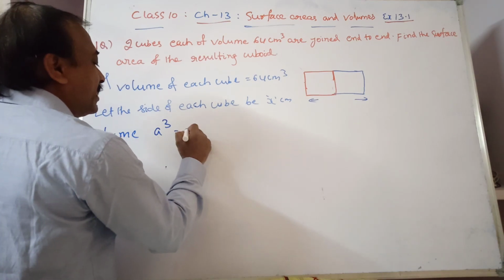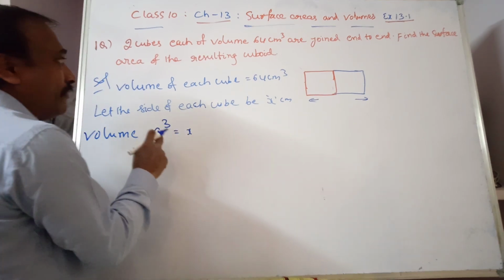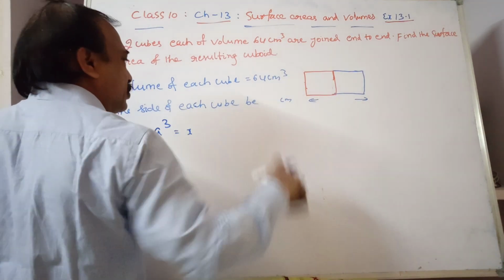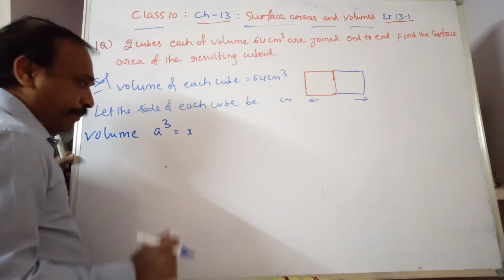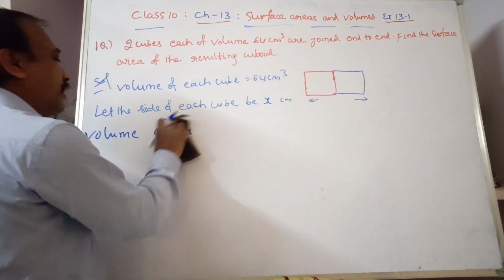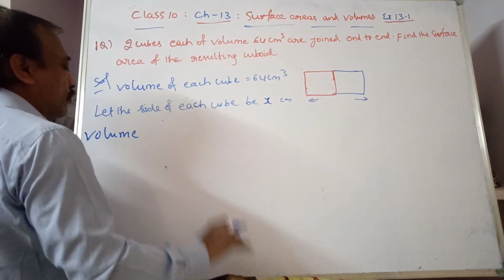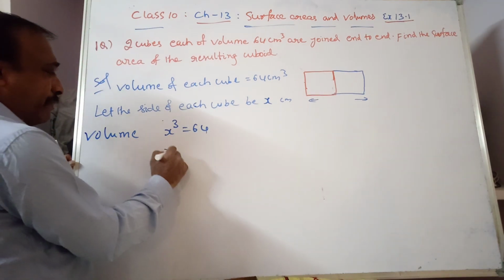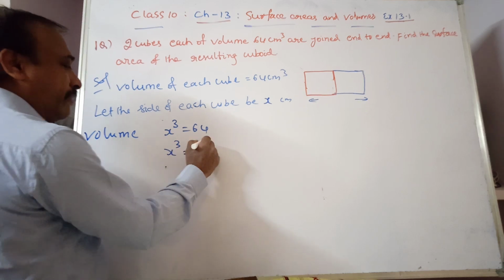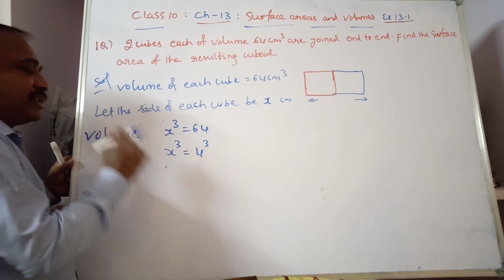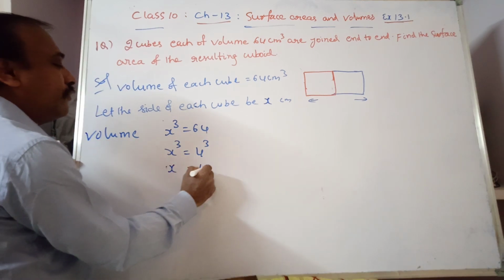So x cube is equal to 64. Now 64 can be written as 4 into 4 into 4, which is 4 power 3. As it is x cube, x is equal to 4.